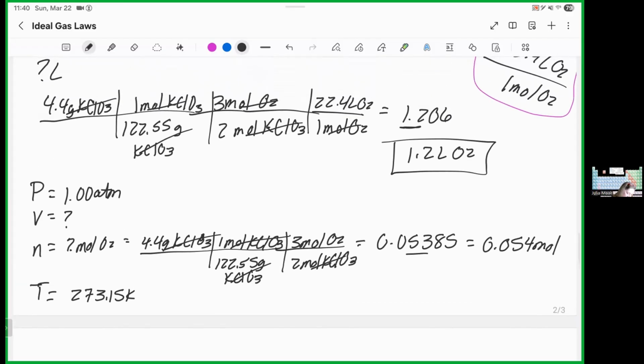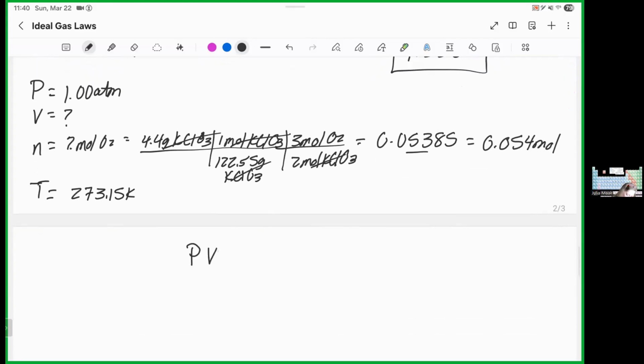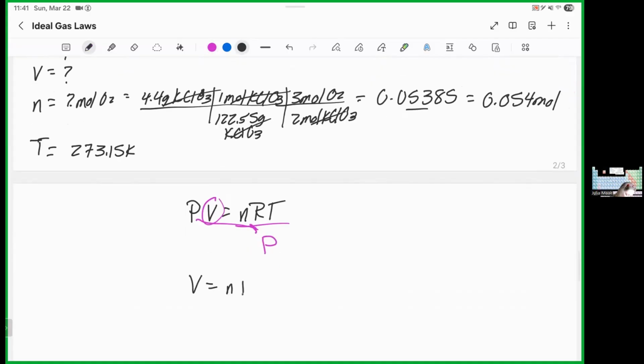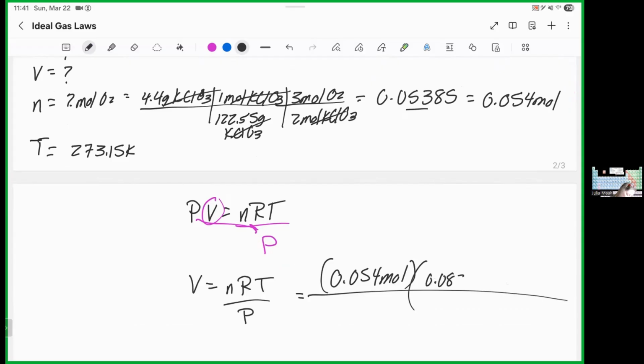Now I can solve my gas law. PV equals nRT. If we're isolating the V, we're moving P down to the other side on the bottom. So V equals nRT over P. So my moles times my R times my temperature, divided by my pressure.